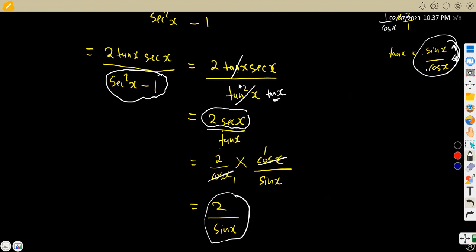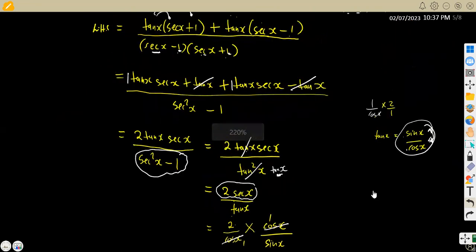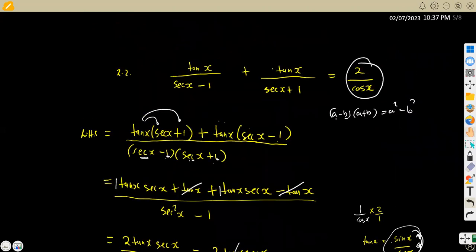The tan x comes after canceling these two. So that is actually wrong. So please correct that. Our answer is supposed to be 2 over sine of x, not 2 over cos x. So this was supposed to prove that this is equal to 2 over sine x.